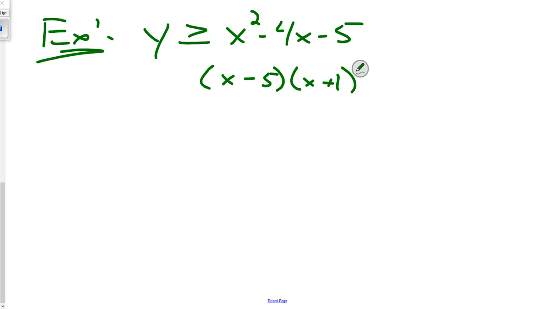So my 2 x-intercepts would be at 5 and -1. And where's my y-intercept? Very good. Y-intercept at -5.